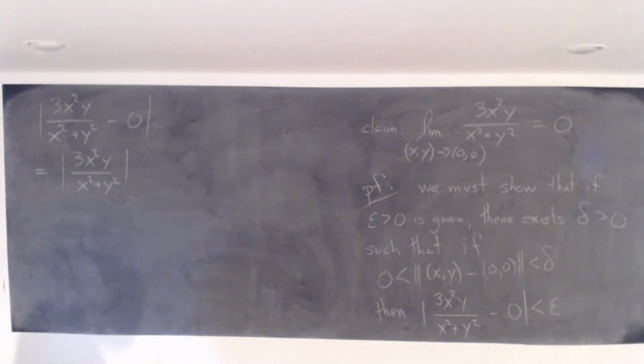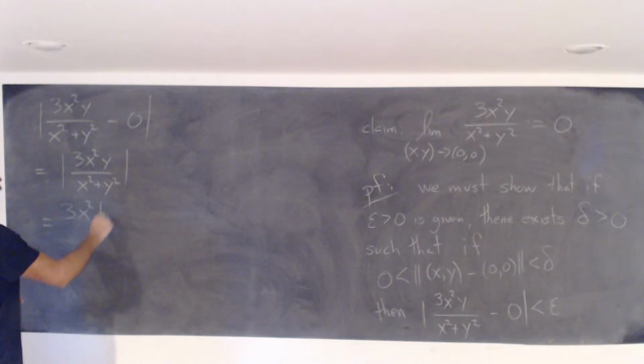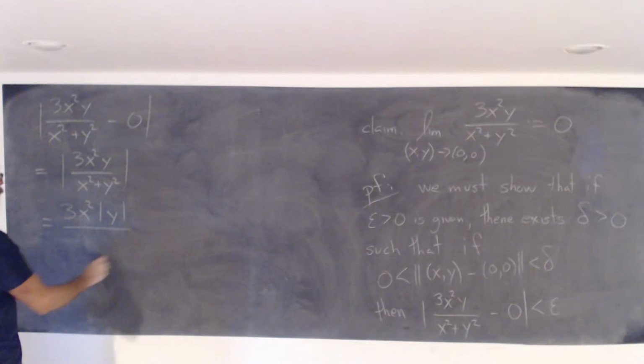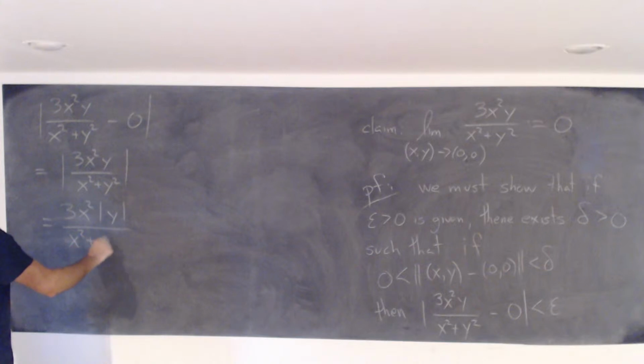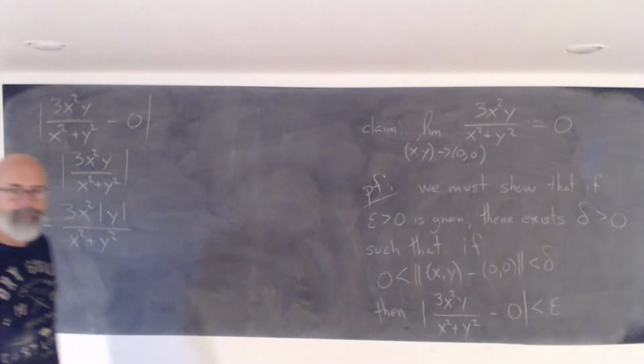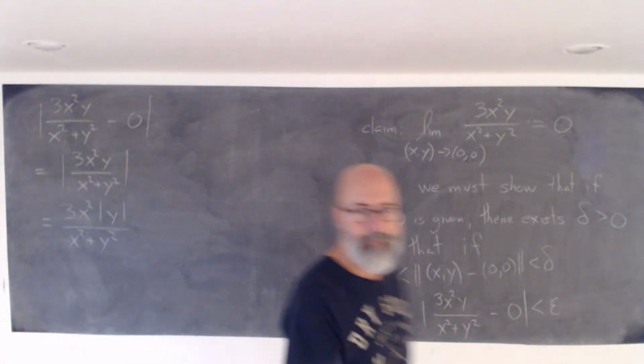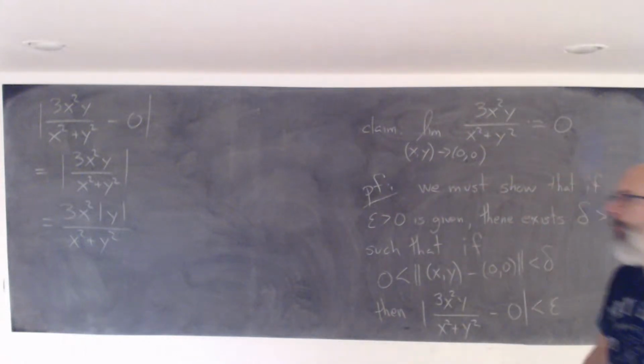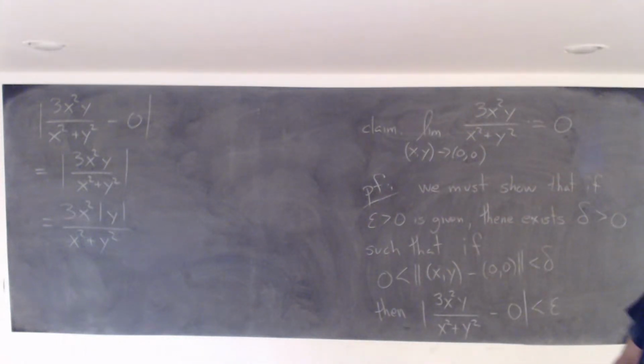And you know that the absolute value of a product is the product of the absolute values. The denominator is always positive. 3 is positive. X squared is positive. So this is really 3x squared times the absolute value of y over x squared plus y squared. Very well.